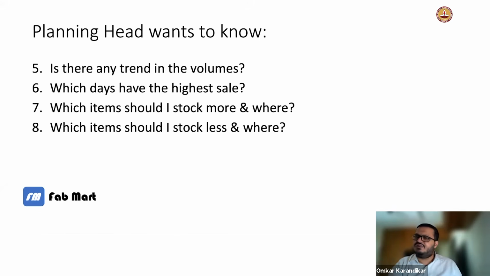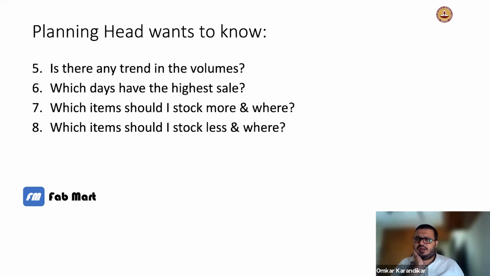Or is there any SKU which is dropping in the product life cycle, something people don't want to buy anymore, so I need to slow down on buying it? That's what I want to understand. Is there any pattern in sales from a days perspective? Are we selling more on Wednesday, Thursday, Friday? What could be the reason? Let's see if there are some insights around that.